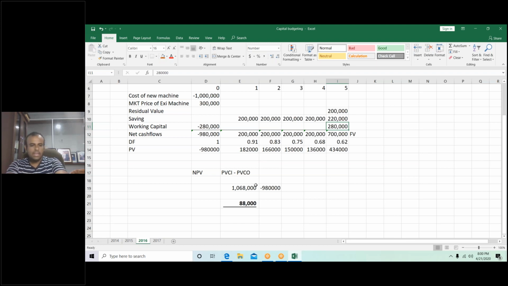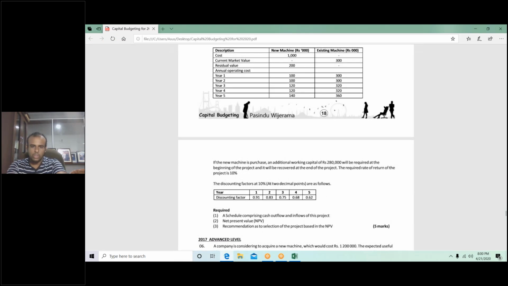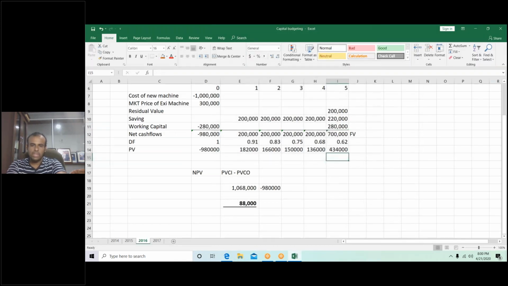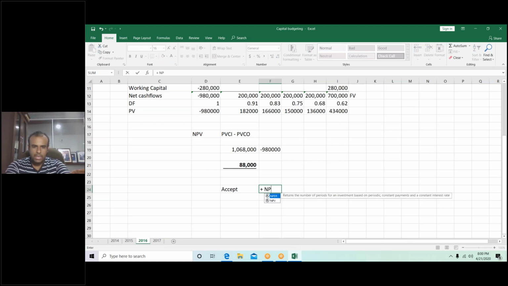Right. Last requirement they're asking, recommendation to select the project based on the NPV. Would you select the project? Would you accept the project? Yes or no? Yes. Project should be accepted as there is what? Positive NPV.